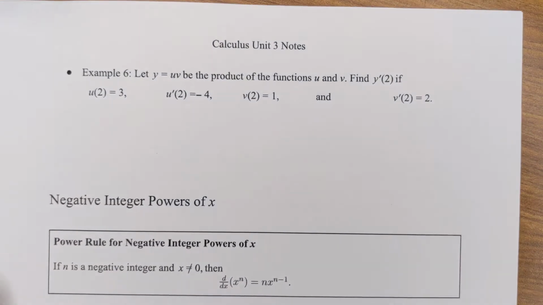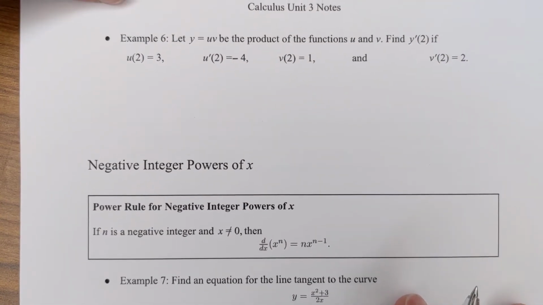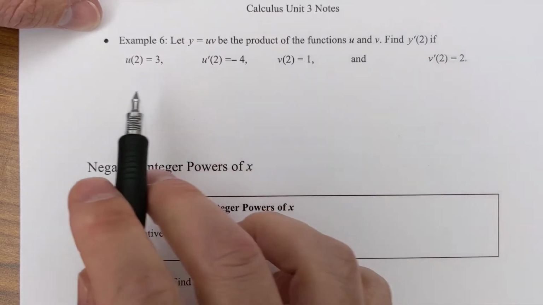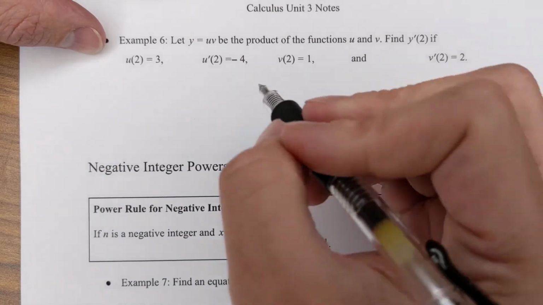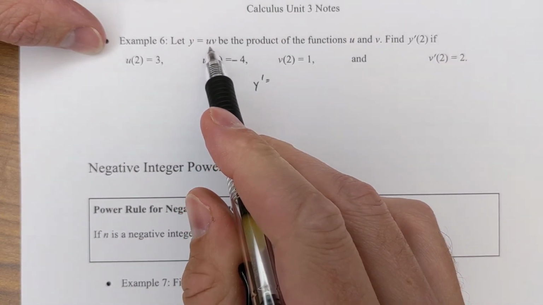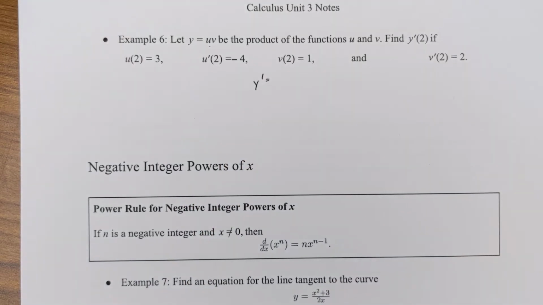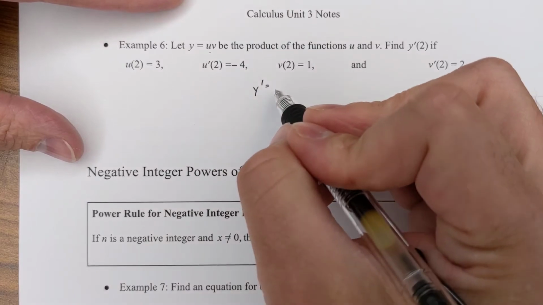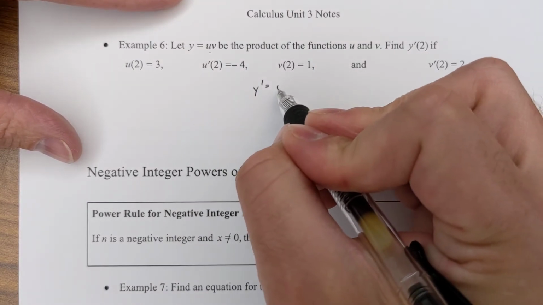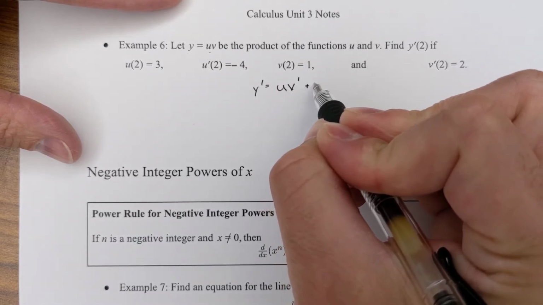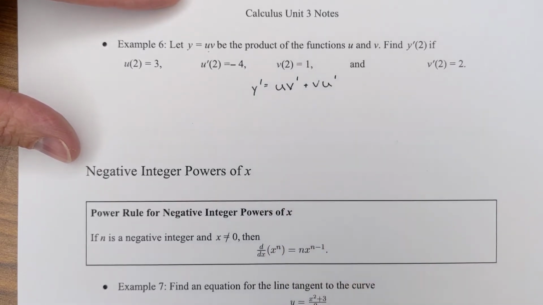Alrighty, 6, so let y equal uv be the product, the two functions u and v, find y prime of 2 if all of this is true. So y prime, so this is a product rule, so it is, let me make sure I get it right here, u times v prime, plus v times u prime.